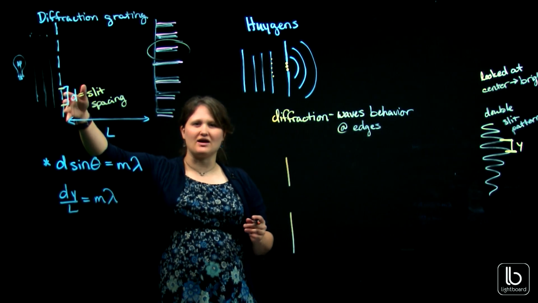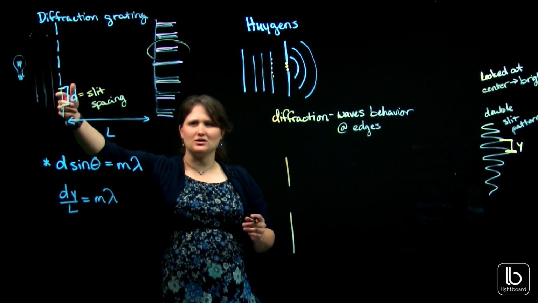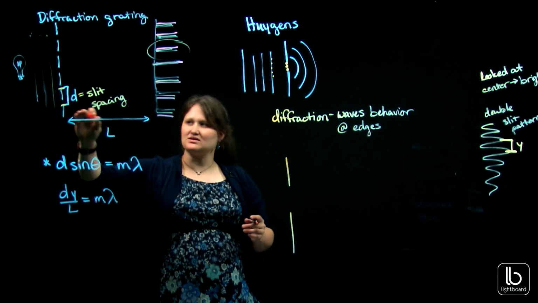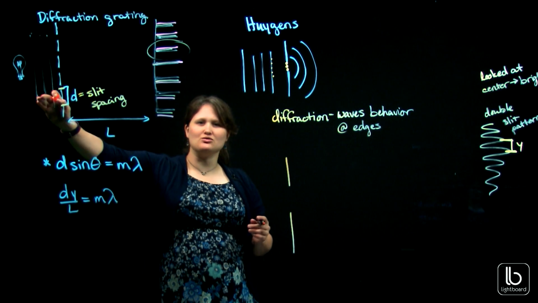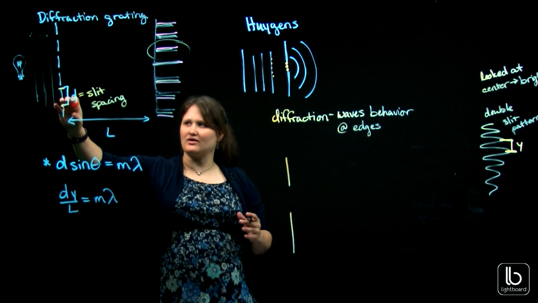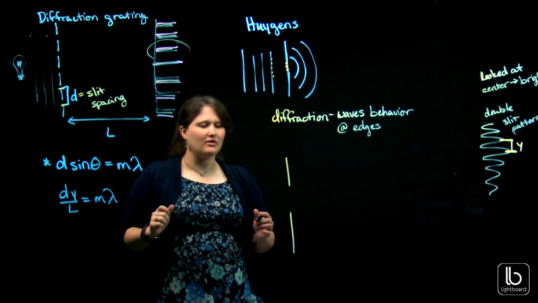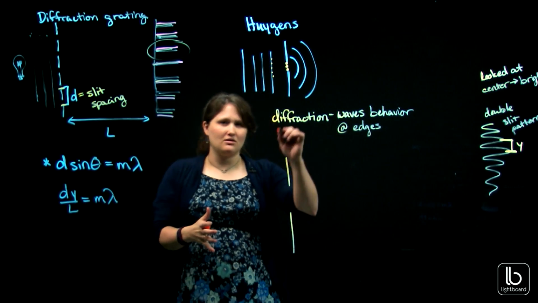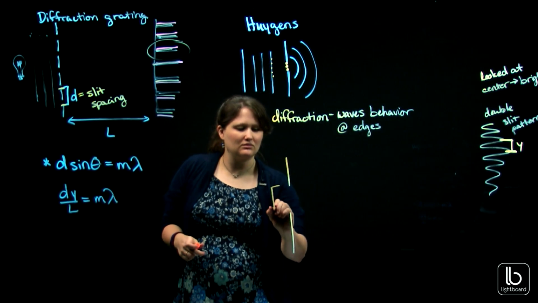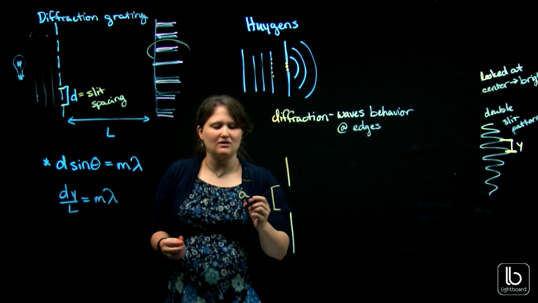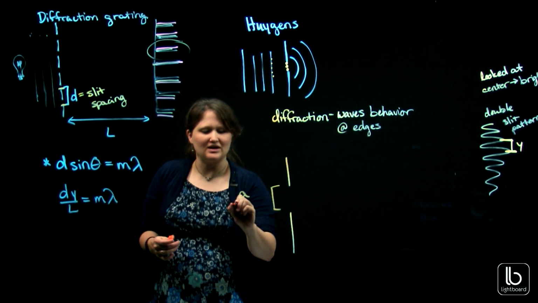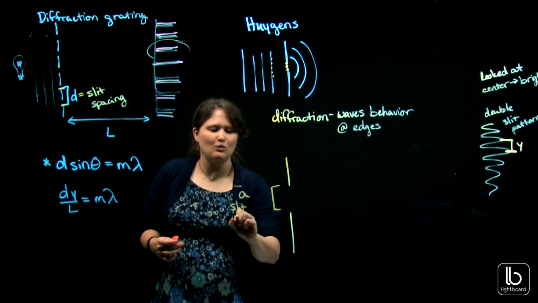So it's kind of like the spatial period of the slit. So from one point to the same point on the next slit, whether that's from bottom to bottom or top to top or middle to middle, doesn't matter. But with my single slit, I care about, we're going to call it A, my slit width.